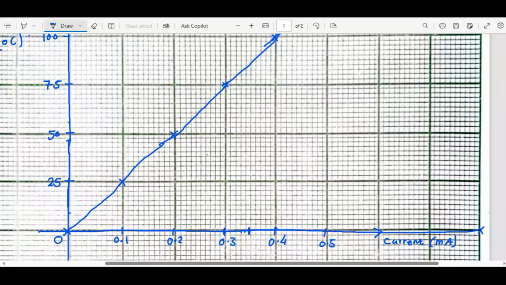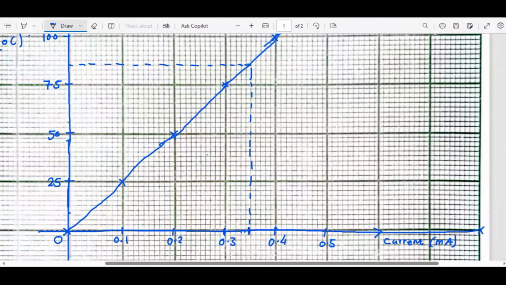You need to draw a dotted line until it touches our curve. Then from there you turn 90 degrees to the left. So the point where this line will cut the x-axis is our final answer.